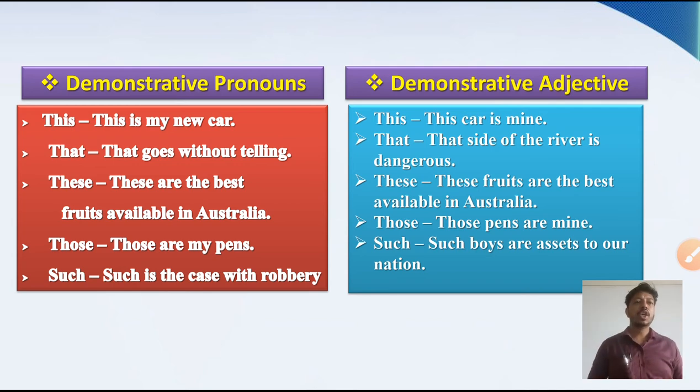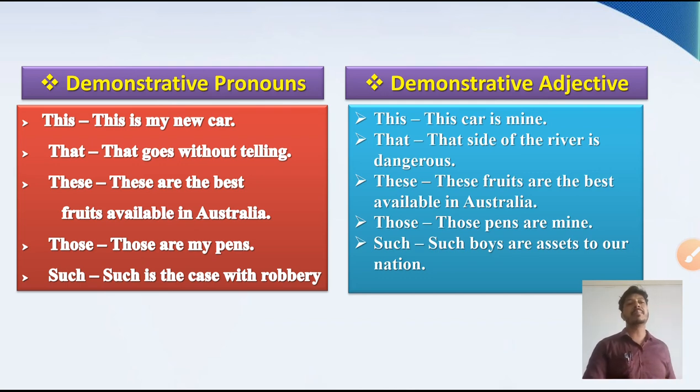And here in the blue box: "That side of the river is dangerous." After "that" I am not using any verb, so make sure it is an adjective. "These fruits are the best available in Australia." After "these" I am also not using any verb, so make sure it is an adjective.